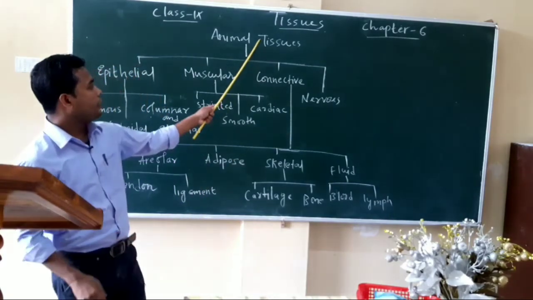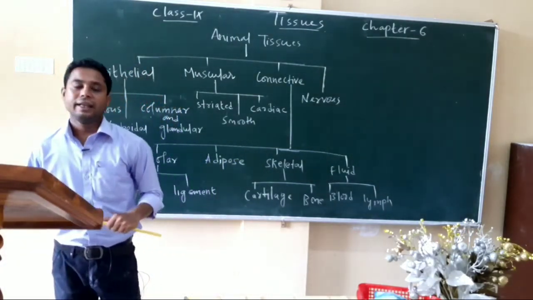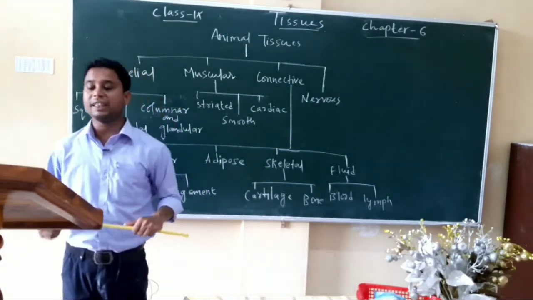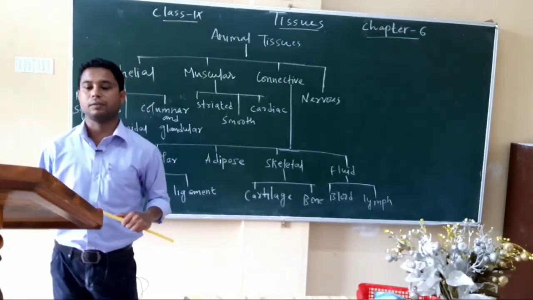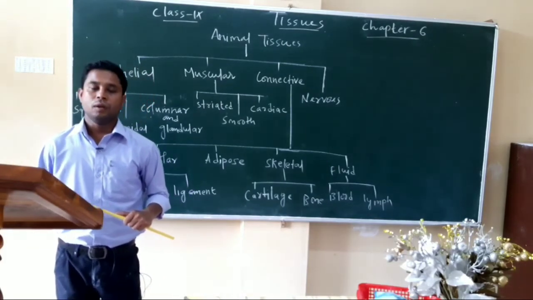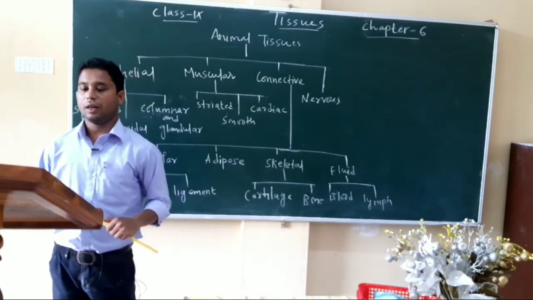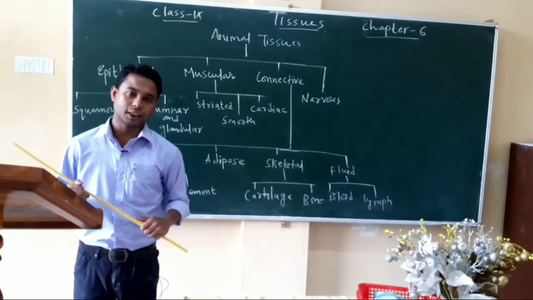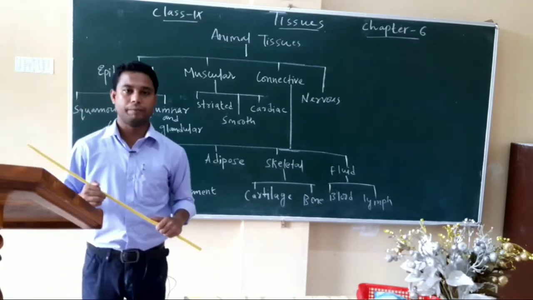So one more type of animal tissue is nervous tissue. It is a tissue which is specialized to transmit messages within our body.